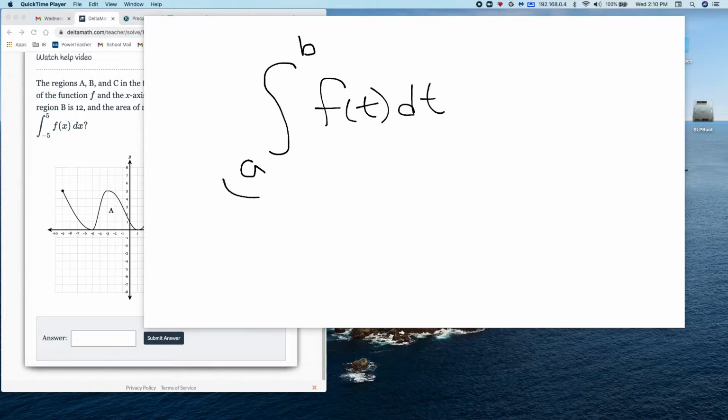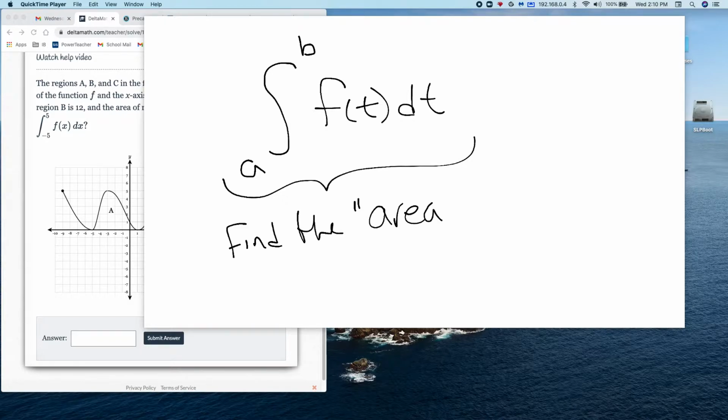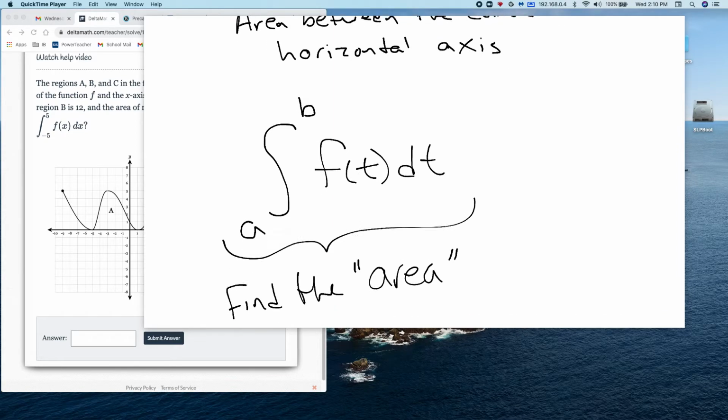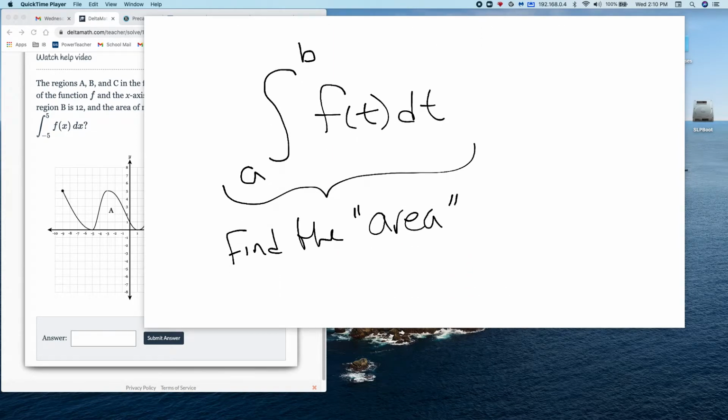What that would mean is: find, and I'm going to use the word area really loosely, because in this case area could be negative. I know geometrically area can't be negative.